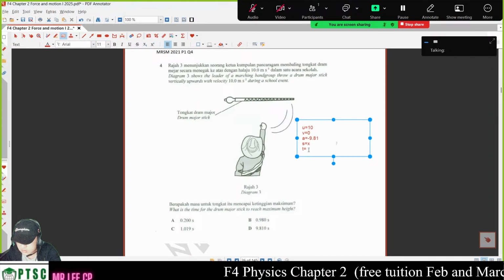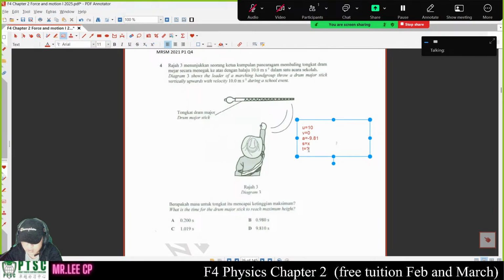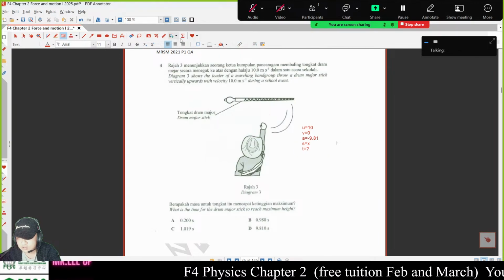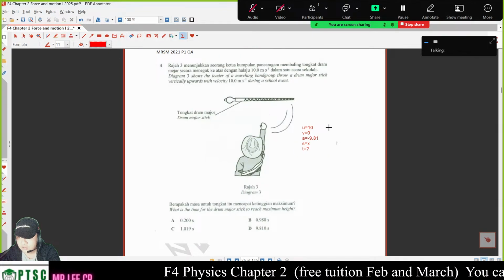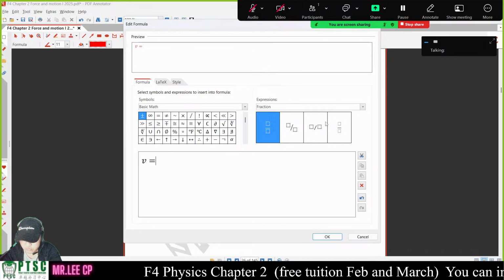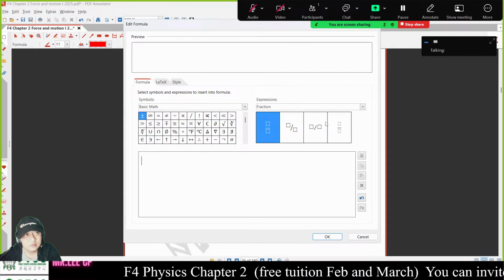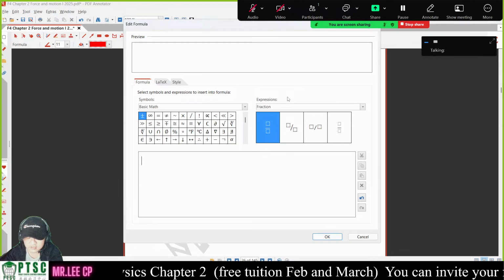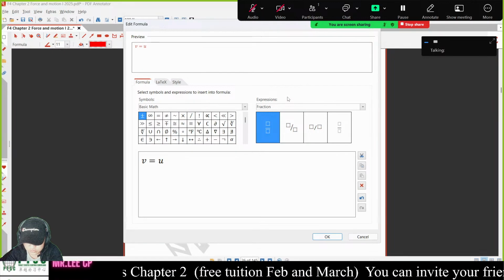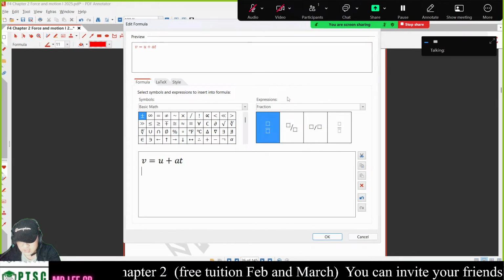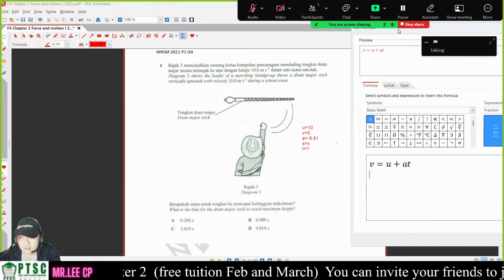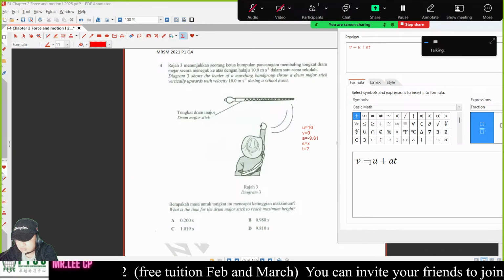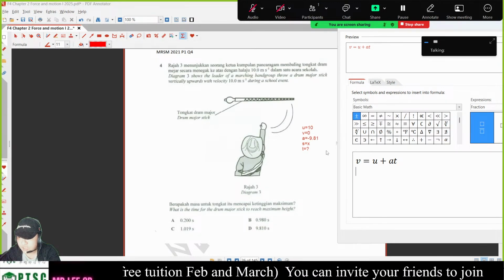What is the time taken? So this one I don't have. Time taken is the one that I want to find. No S, which formula? No S is the first formula. V is equal to U plus AT. No S, first formula. So V is 0.